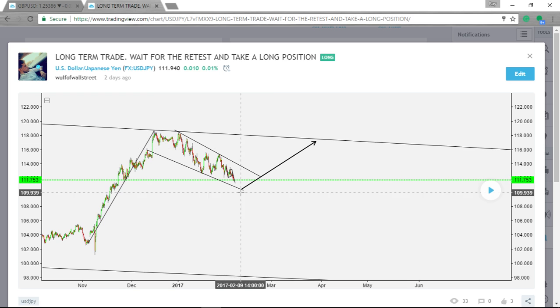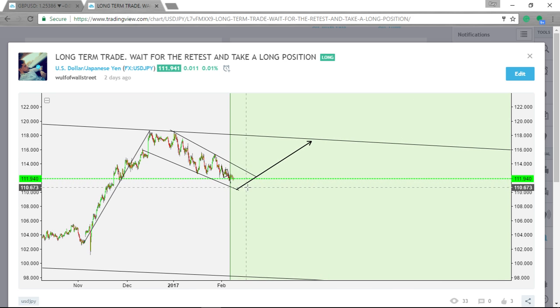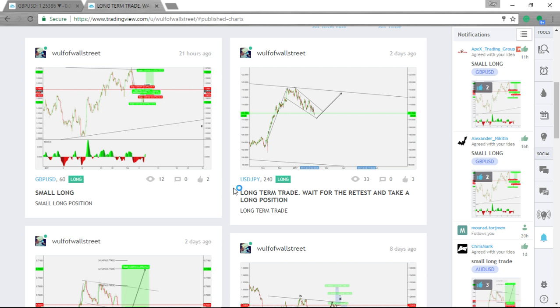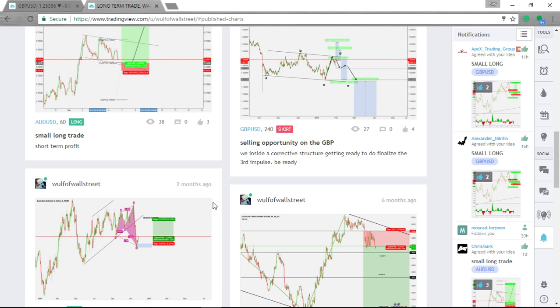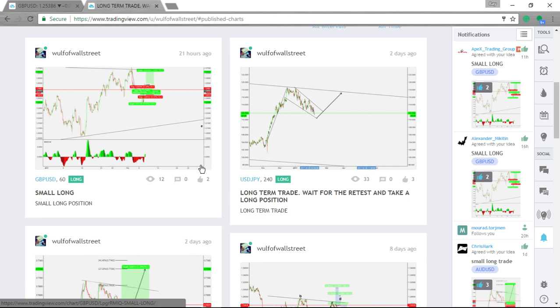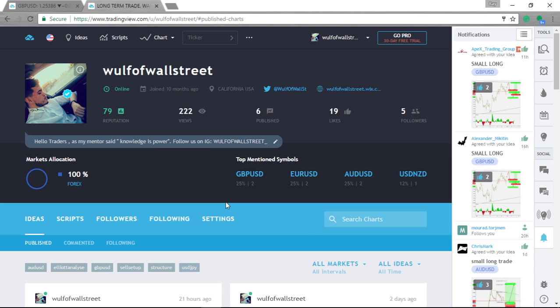Same thing repeating history, and it's working out very well. We're waiting for this to retest before it takes movement to the upside. Very good trade that we called out, and we're just waiting for that retest, and for them to take the long position to the upside. And when we do, it's just gonna triple and quadruple your accounts.